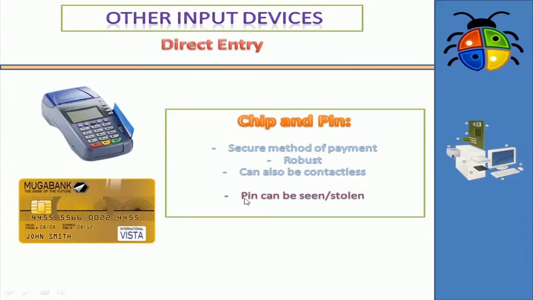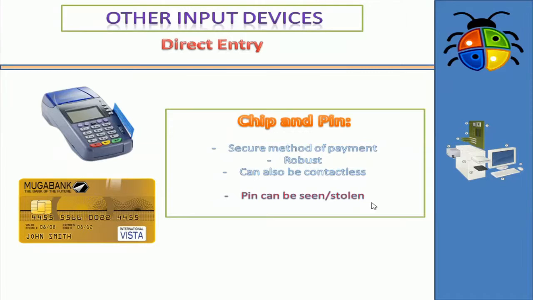The downside is, of course, the PIN can be seen or stolen. So if someone is looking over your shoulder, they can take the PIN from you. For example, not a common scam, but one I've heard of is that the person working in the shop is very close to you. They can see you putting in your PIN number.